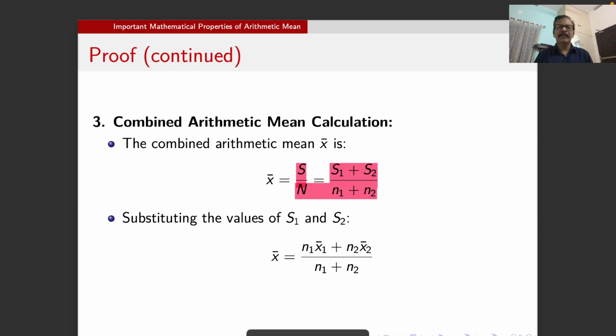S1 is nothing but n1 x1 bar, and S2 is n2 x2 bar. So x bar equals n1 x1 bar plus n2 x2 bar divided by n1 plus n2. That is the combined arithmetic mean.